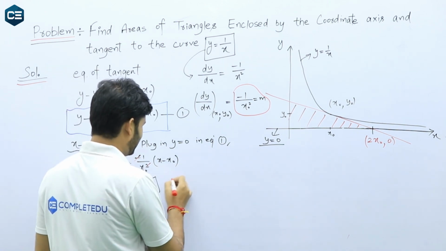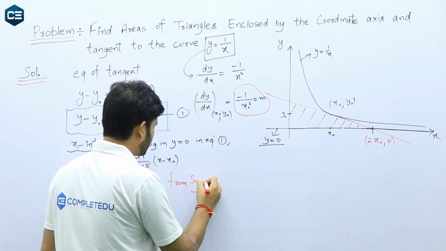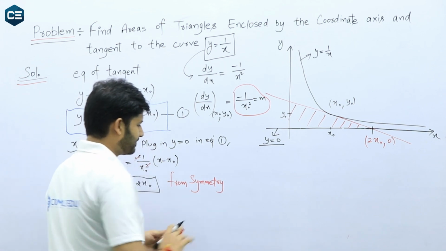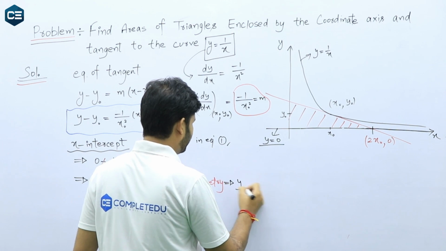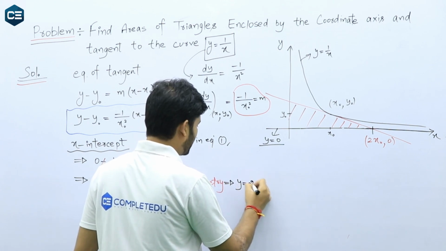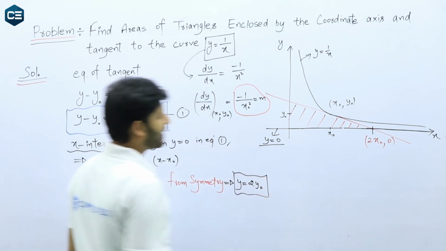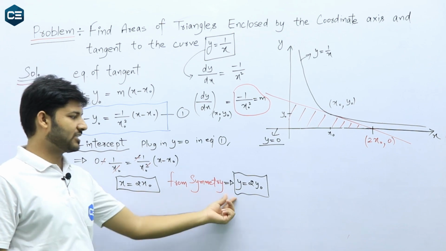I can directly say from symmetry that y equals 2y0. And how can I say that? I use just this figure. If x is equal to 2x0, then y must be 2y0.